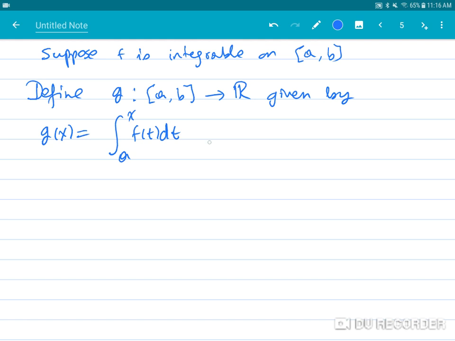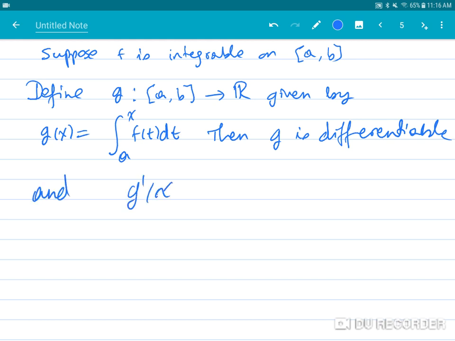Then g is differentiable, and the derivative of g is just the function f.